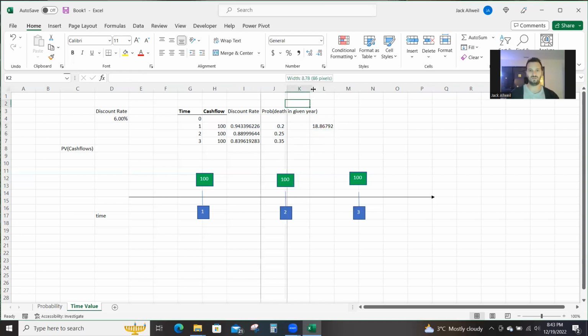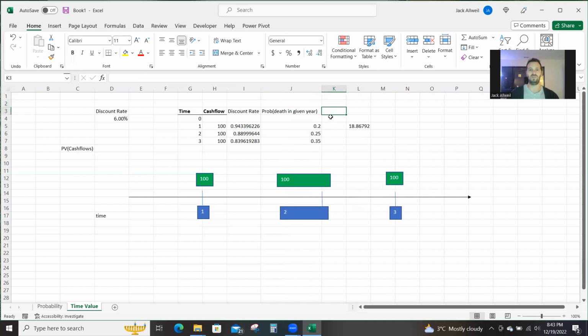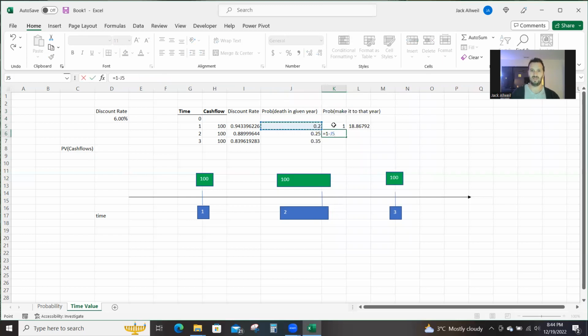We also want to know the probability they at least make it to that year. So here's 1, but this one is now 1 minus that probability.